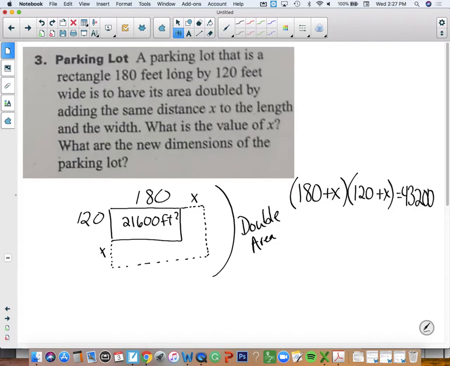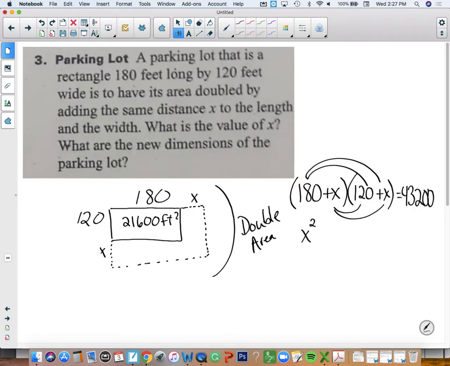Okay, so now we're going to have to move everything to one side and either use the quadratic formula or factor and solve. So foil that thing out, and I'm going to just kind of rearrange it while I foil it out.